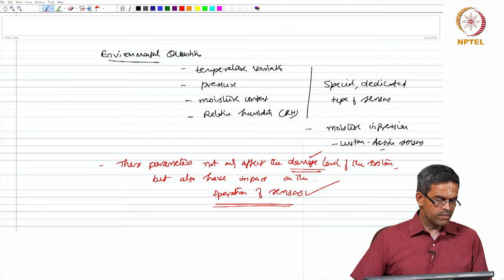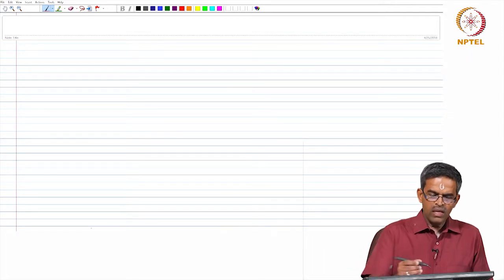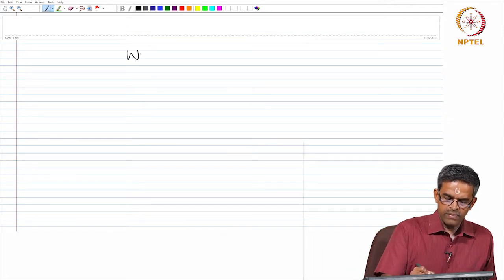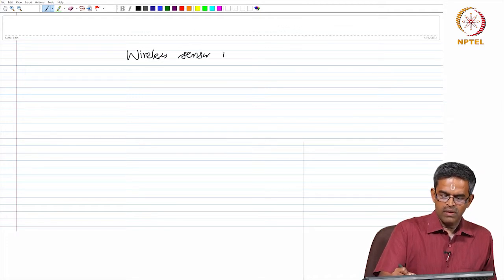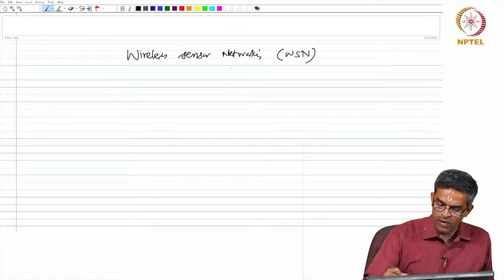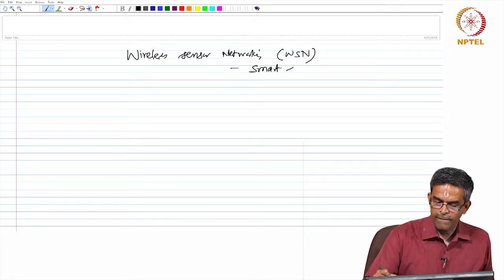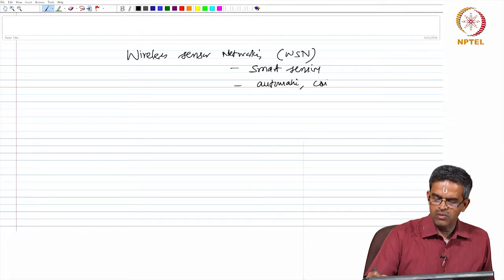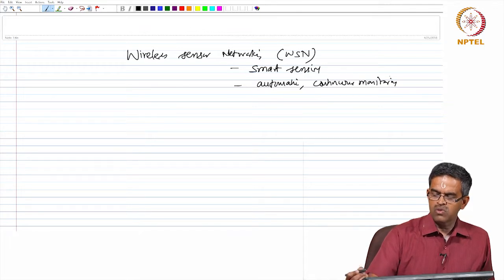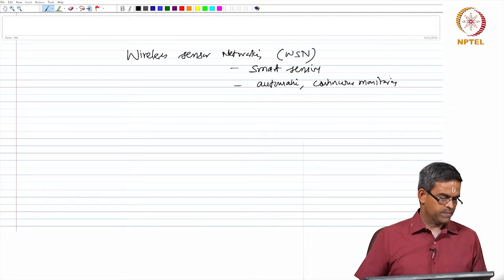Now, we already said that wireless sensor networking is one of the advanced options in terms of smart sensing. It is very useful for automatic and continuous monitoring, which may be a requirement in most of the strategic structures.